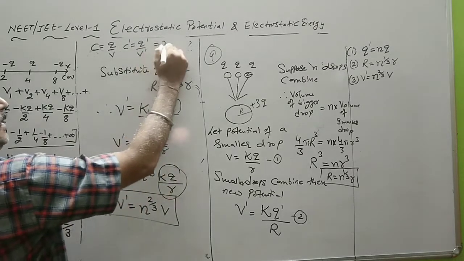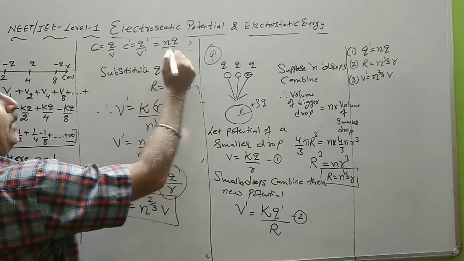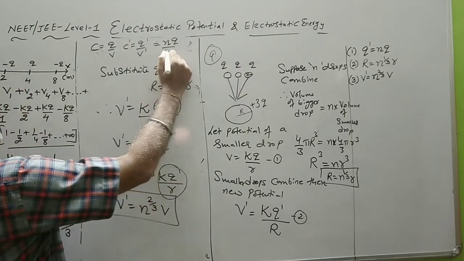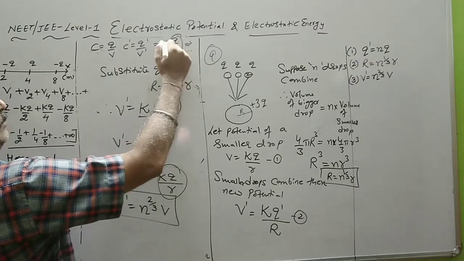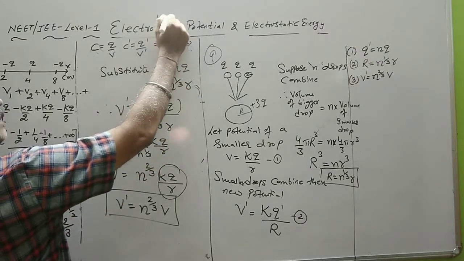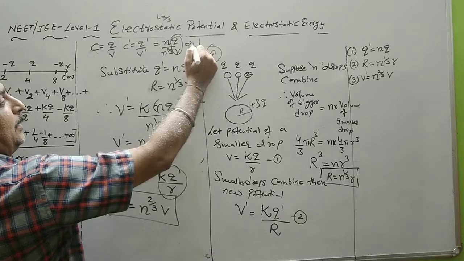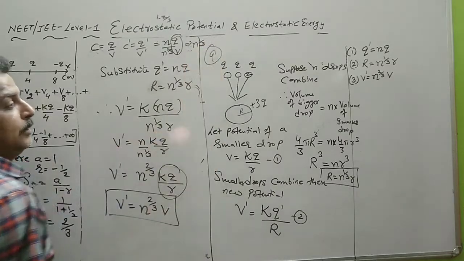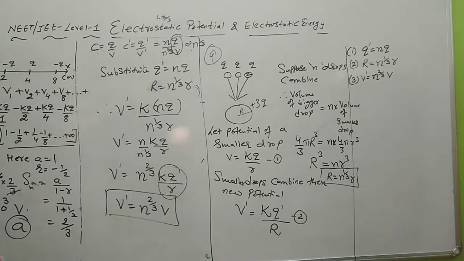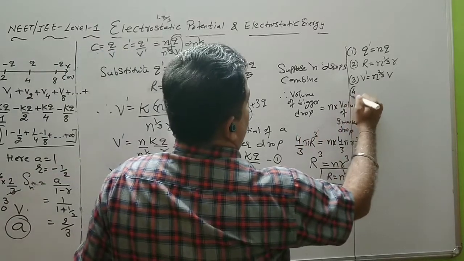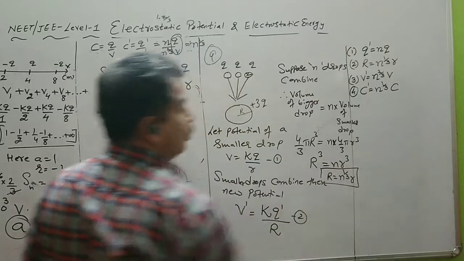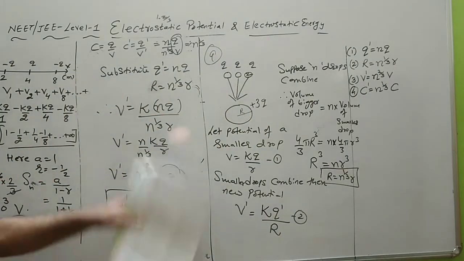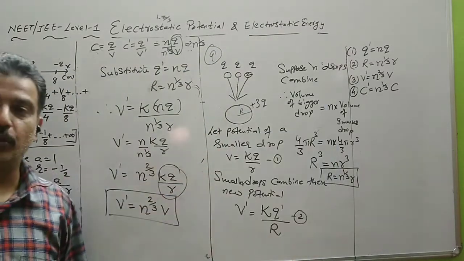Q dash can be written as n times Q. V dash can be written as n raised to 2 by 3 V. So again this becomes initial, that is 1 minus 2 by 3, that is n raised to 1 by 3. So if it is a capacitor, then the relation becomes new C dash is equal to n raised to 1 by 3 into C.